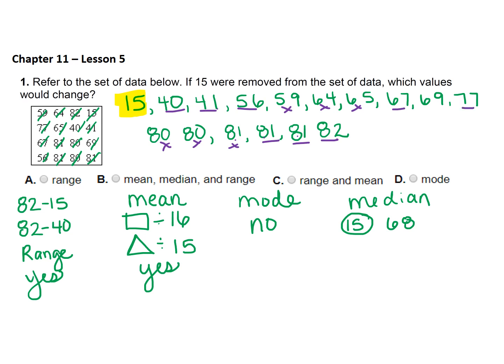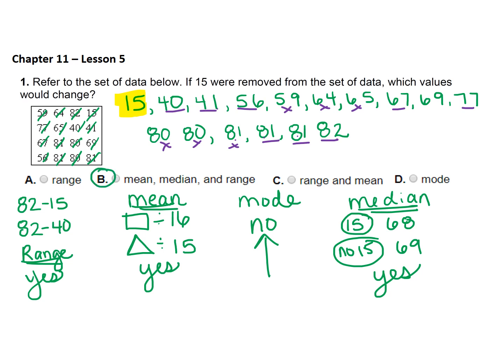So the median without 15 would be 69. So that's going to change. So the range changes, the mean changes, and the median changes. The mode does not change. So that is answer choice B.